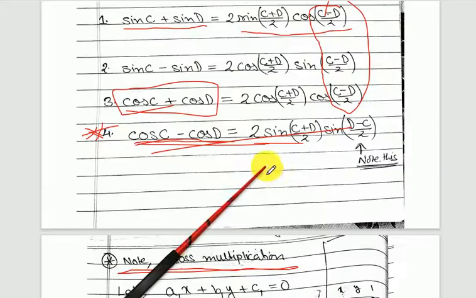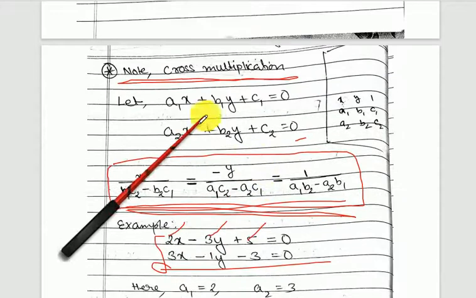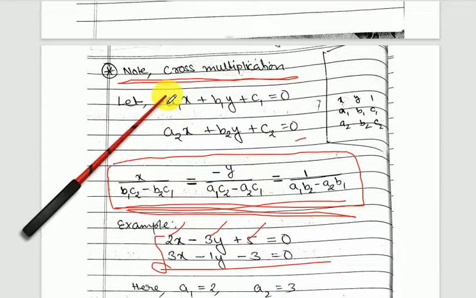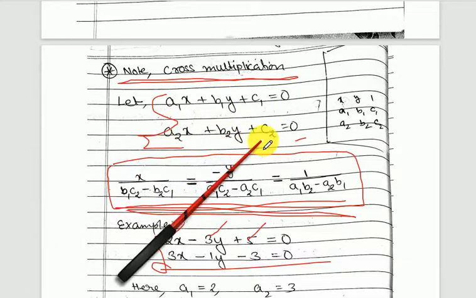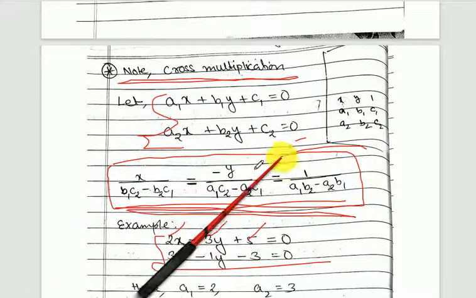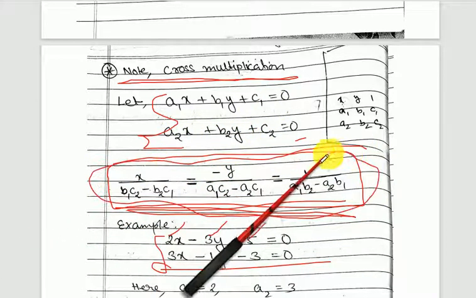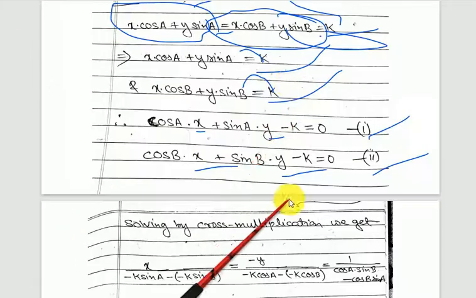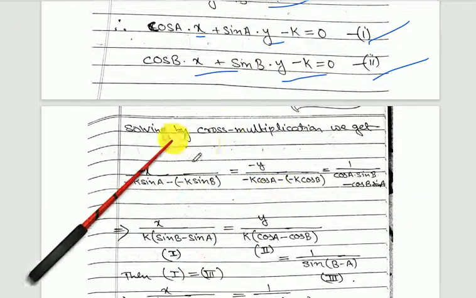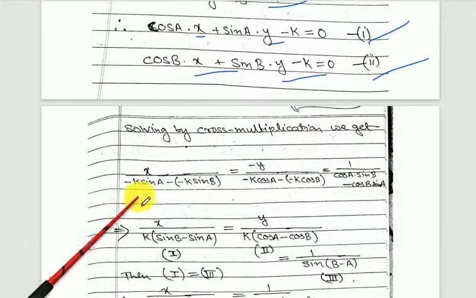If you recall this formula, if you have simultaneous equations a1 b1 c1, a2 b2 c2, then you have to use this, and that way you can find the values of x and y. So here, solving by cross multiplication we will get this.